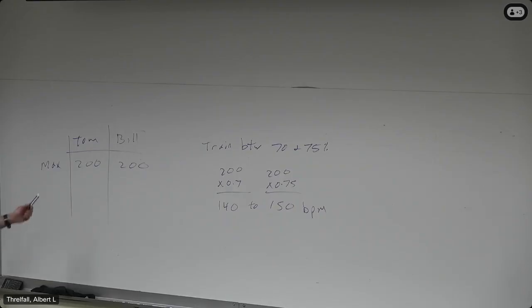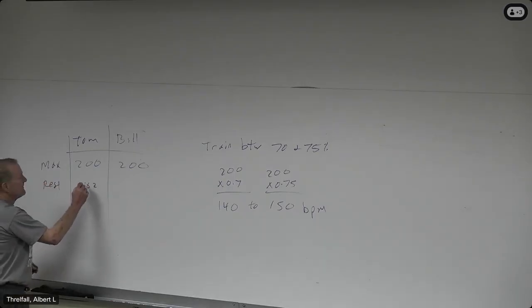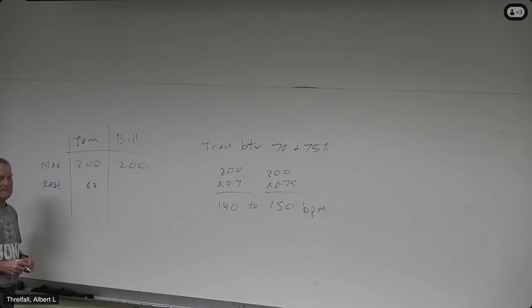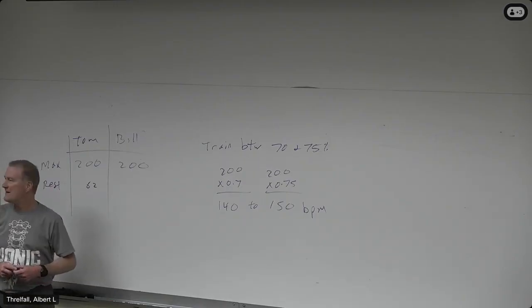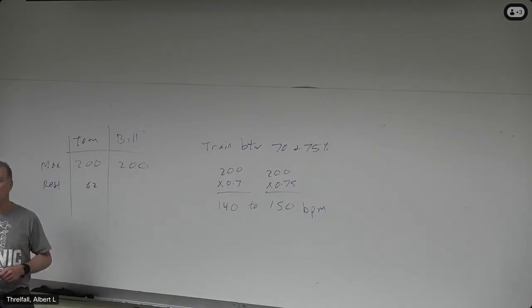So you see, Tom's been active all his life. And when Tom's sitting like you are now, and he looks at his Apple Watch or whatever he has on, he notices that his resting heart rate is 62. A textbook resting heart rate is 70. Why is his 62? Because he's fit.